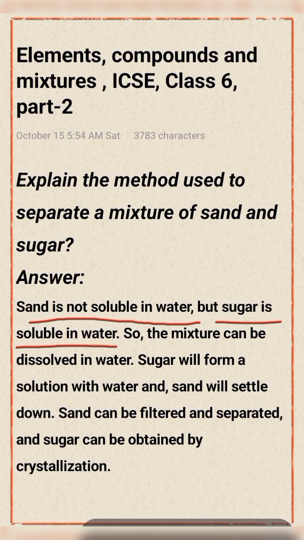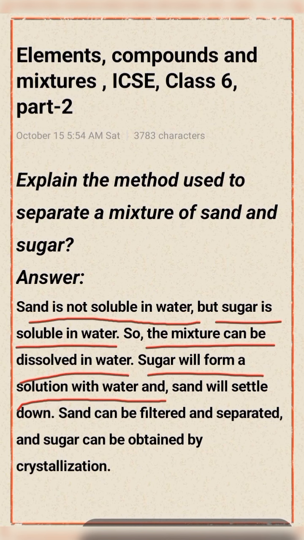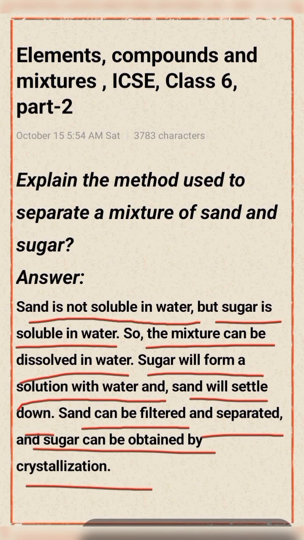So the mixture can be dissolved in water. Sugar will form a solution with water. Sand will settle down. Sand can be filtered and separated. The sugar can be obtained by crystallization.